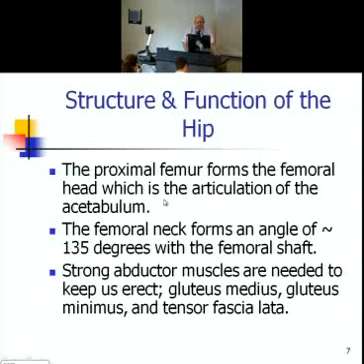The angle of the femoral neck is 135 degrees. So when we have to do a hip replacement, or a patient has a fracture, like an intertrochanteric fracture that we would treat with a plate and screws, the angle of those pieces of hardware is, as you might guess, 135 degrees.